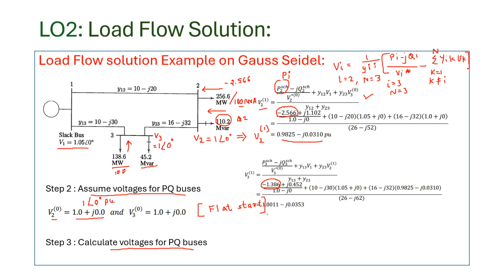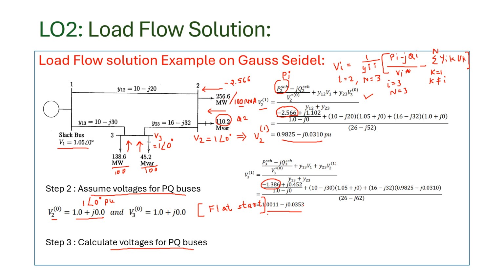Similarly, for Q, it is divided by 100 and again it is to be injected into the bus. So after substituting P3, Q3, voltages and admittances, we get this voltage V3 as 1.011 minus J 0.353. Now we have obtained the voltage at all the buses.